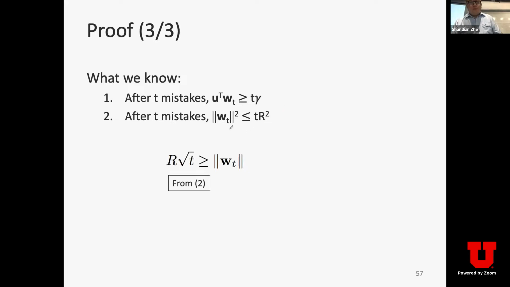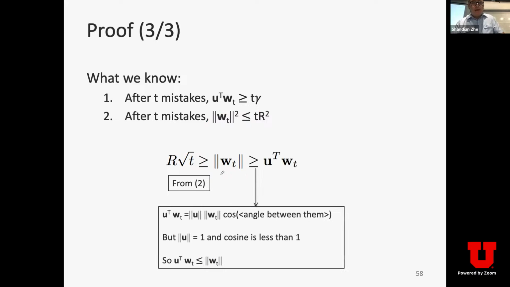So from inequality 2, if you reverse the direction and take the square root on both sides, you get R times square root of T, which is no less than the norm of WT. Then if we apply the so-called Cauchy-Schwarz inequality, you get the norm of WT is no less than U transpose WT.